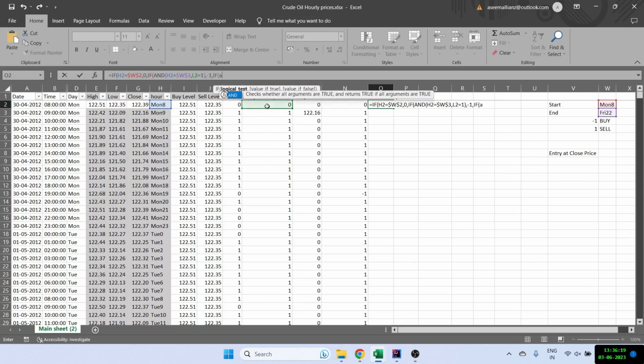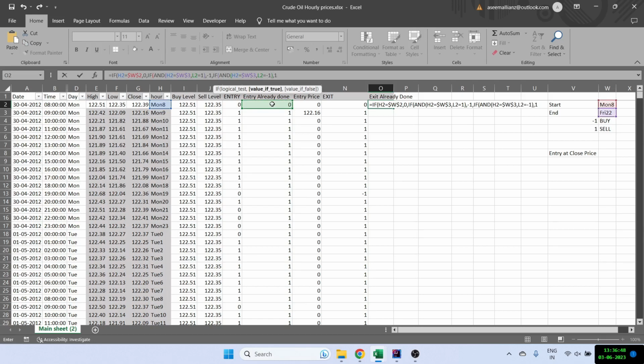And similarly, I'll do the other way around also, if the current time is equal to the end time, comma. If the entry which was done was a -1, that means I will be exiting the trade, so +1.